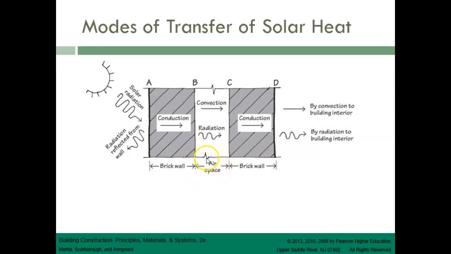In that airspace, that energy convects, and also we have radiation from the outside skin or brick wall, and that energy conducts through the inner face of the wall, which is also brick. Then that energy is released on the inside through convection or radiation.